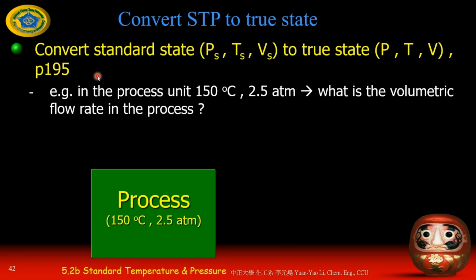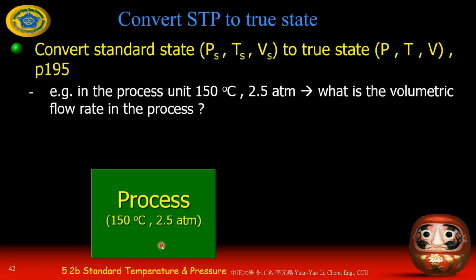But here, I just want to tell you a story that's easier for you to understand. For example, in the process unit, the process is at 150 Celsius and the pressure is 2.5 atm. And at this moment, we want to know the volumetric flow rate in this process.